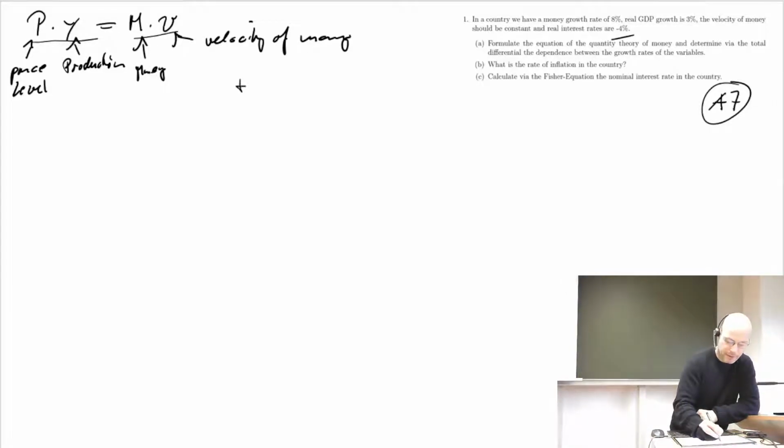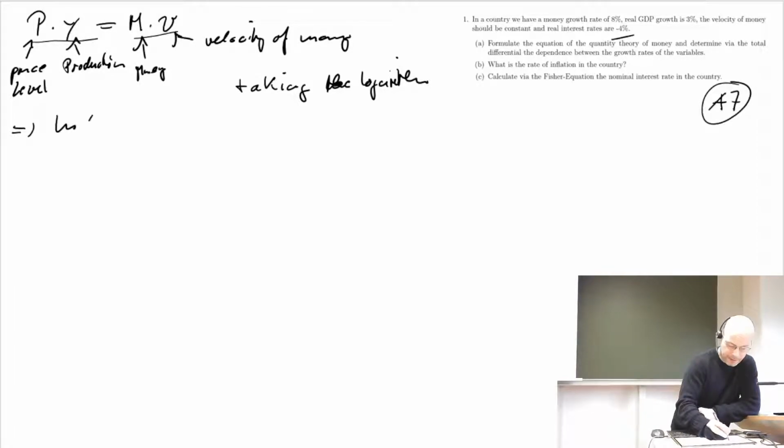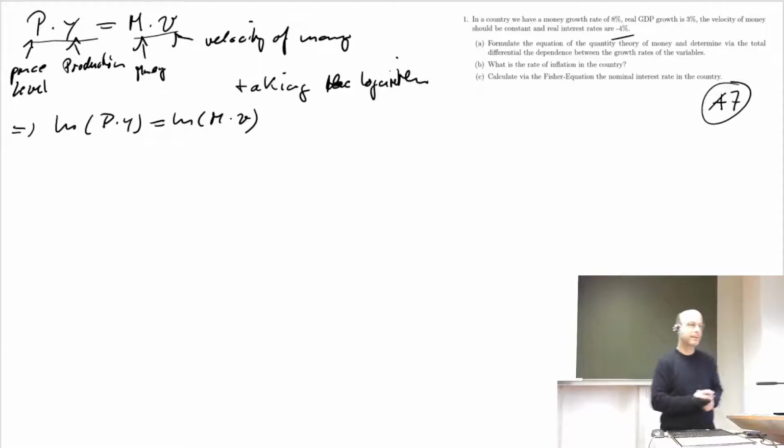So taking the logarithm, we obtain ln of p times y equals ln of m times v.